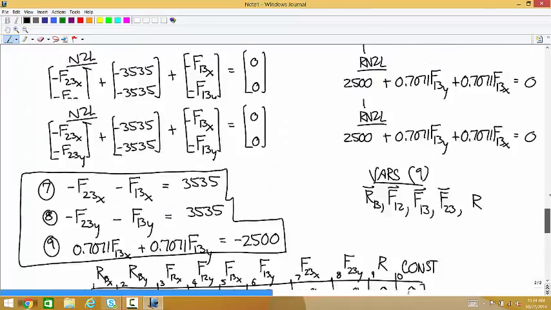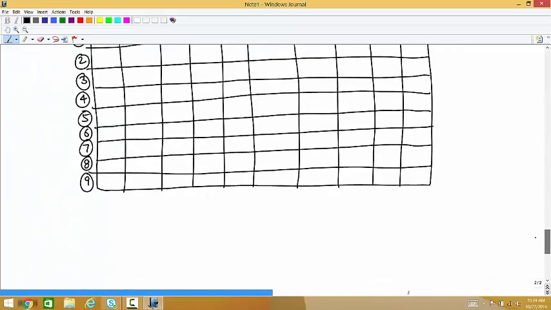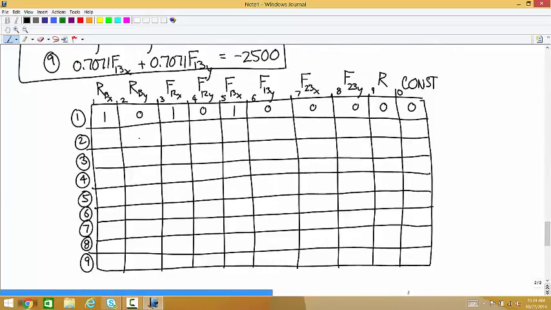And then equation 2, it's just the y components of all those same things. So RBY is 1, F13y is 1, F12y is 1.